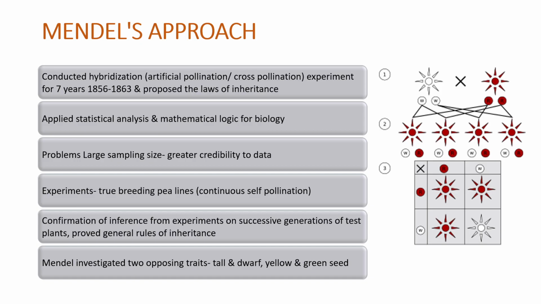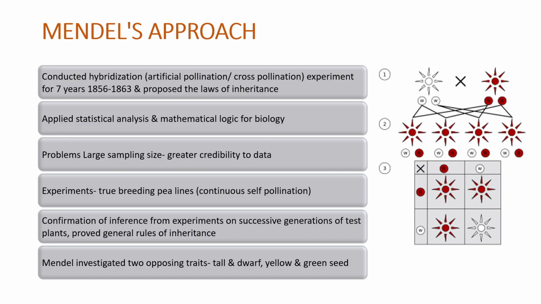His approach was to conduct hybridization using artificial pollination and cross pollination experiments for 7 years. And he proposed the laws of inheritance: law of segregation and law of independent assortment.